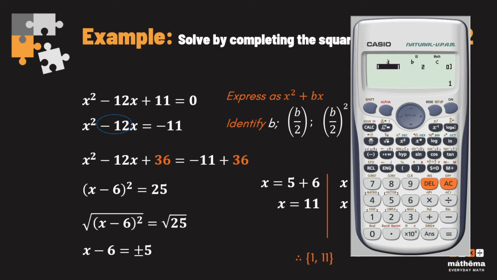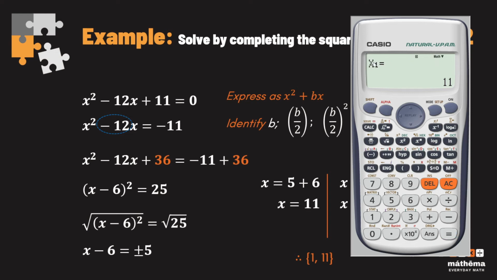And then again, we'll input the values of A, B, and C. In this example, our A is 1. So I will click on 1 equals. B is a -12. So I will click on -12 equals. Our C is a +11. So we'll write +11 equals and then click equals to show the results.